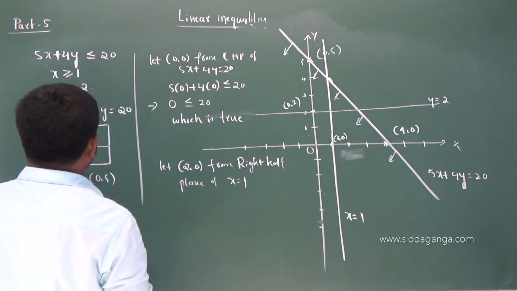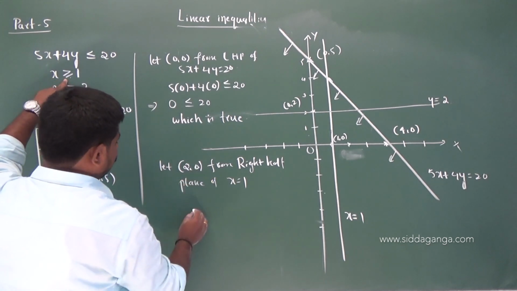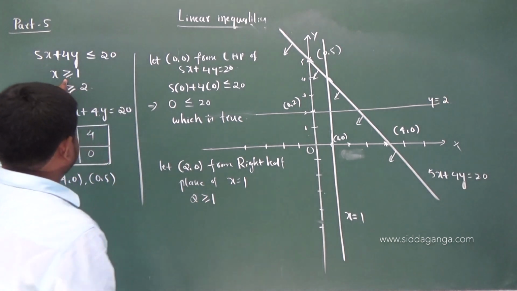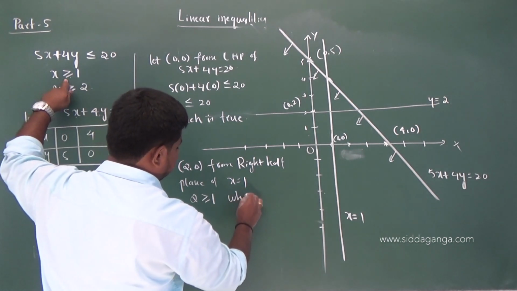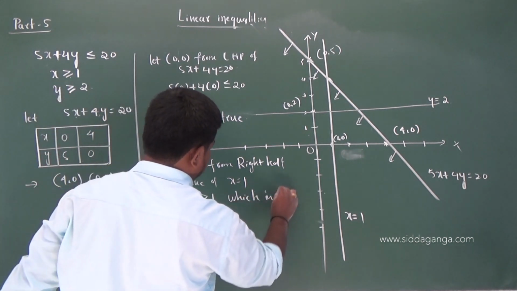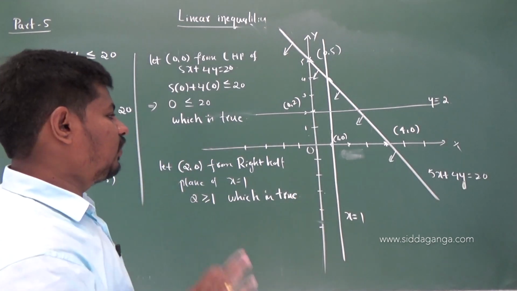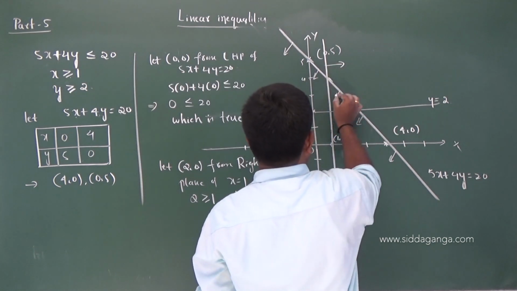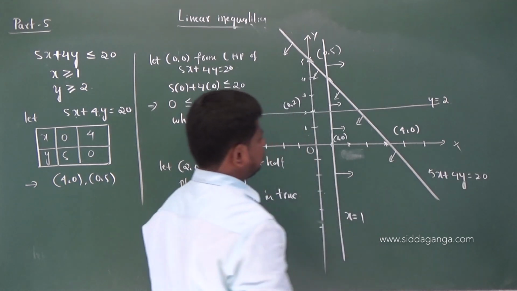Substitute in the inequality x is greater than or equal to 1. Here the x coordinate is 2, the y coordinate is 0. So 2 is greater than or equal to 1, which is true. Hence the solution region is the region from which you have taken the point 2 comma 0, to the right of this line, the right half plane.